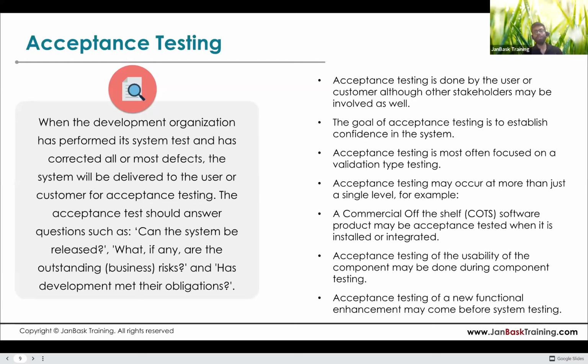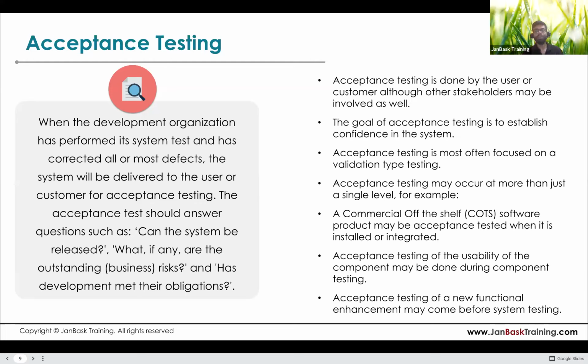Normally, along with the customers, they take some end users for the acceptance testing, or they might take some stakeholders from the development organization, like the business analysts, or BAs, who know the in and out of the software. They could be involved as well, so that they can test the software in a better way.